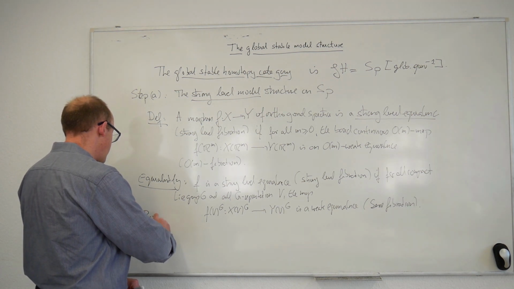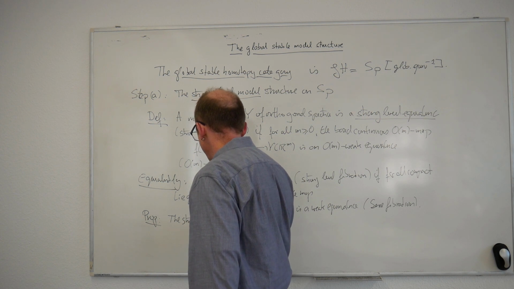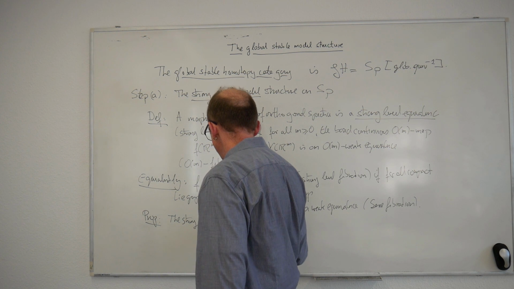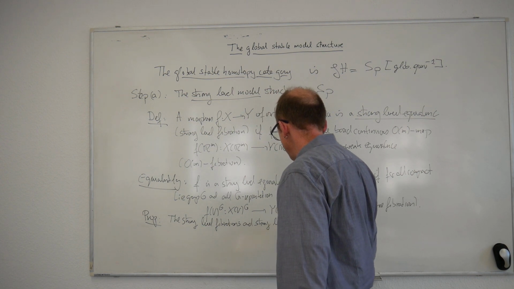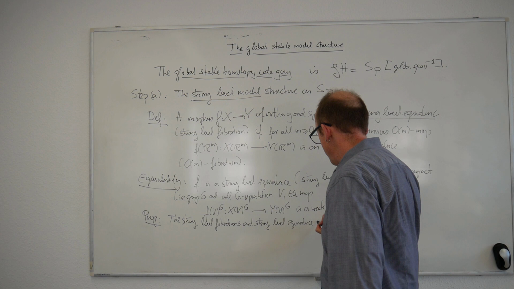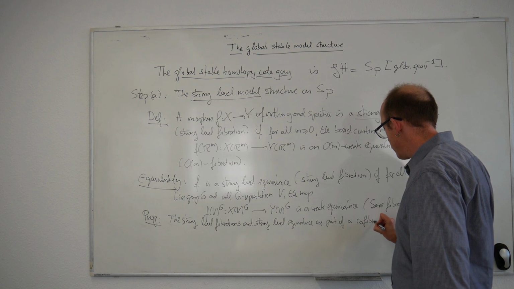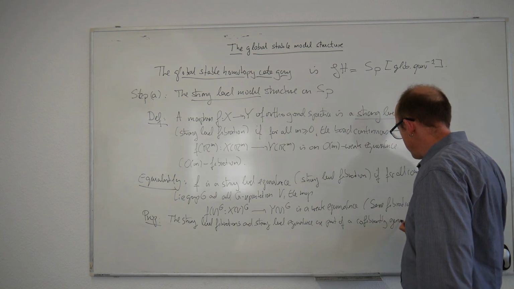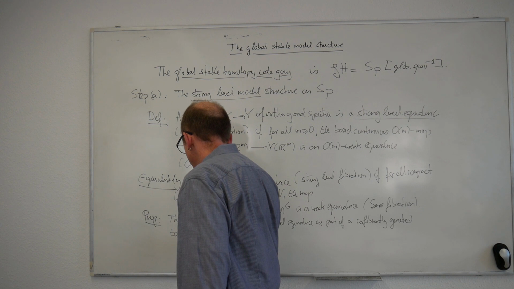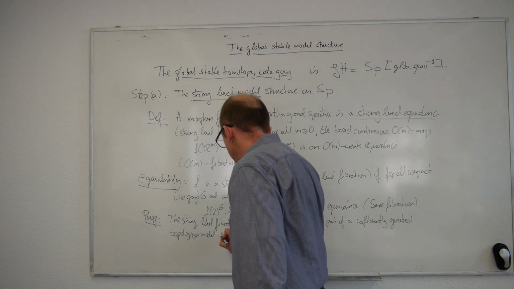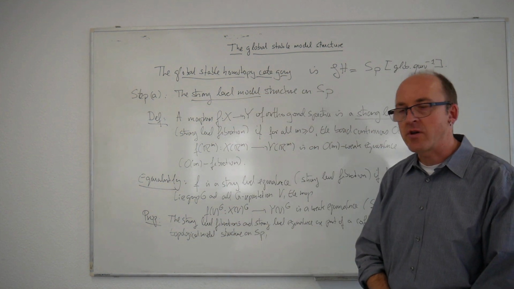This is formulated as a proposition: the strong level fibrations and strong level equivalences are part of a cofibrantly generated and topological model structure on the category of orthogonal spectra. And this I call the strong level model structure.